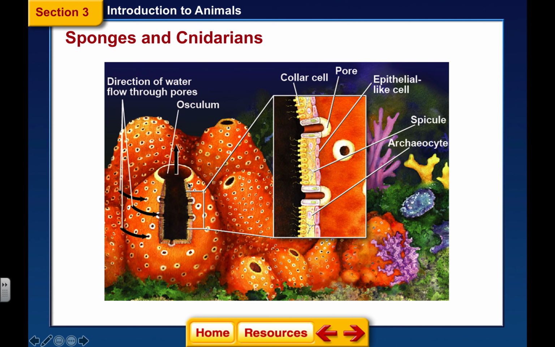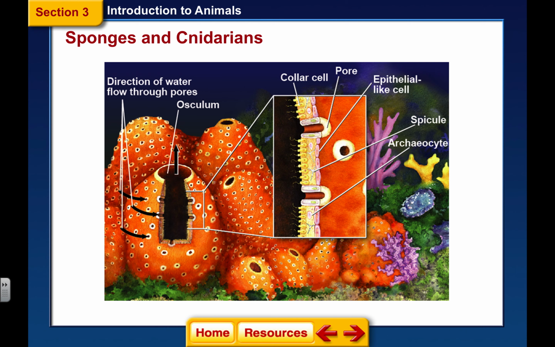Now, blowing up this portion over here, it shows you that this inner layer has all these teeny tiny cells. They're called collar cells, and each one of them has a flagellum, and that flagellum is capable of beating back and forth, and it brings food into these amoebocytes.